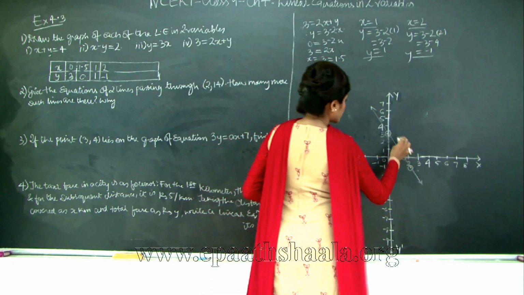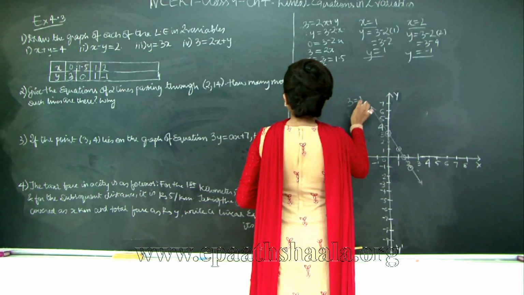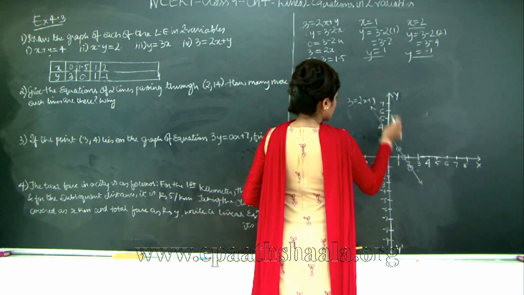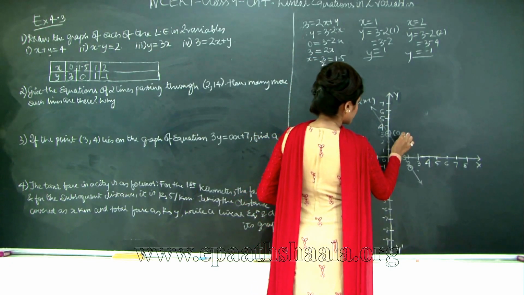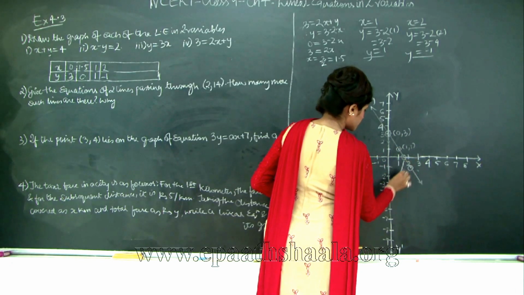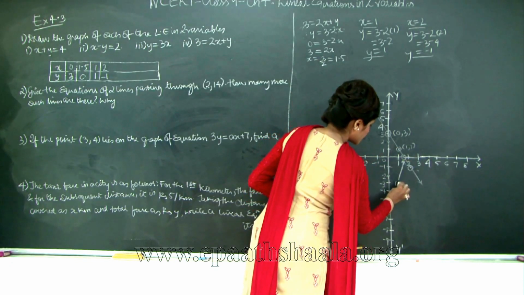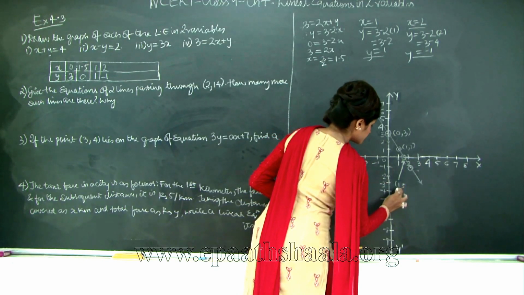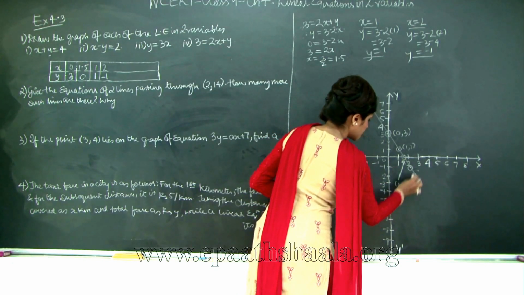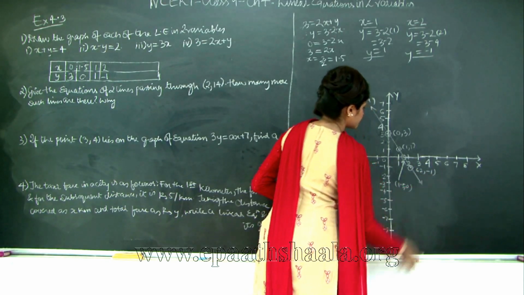So let us mark our coordinates. First of all, this is equation of line 3 is equal to 2x plus y. Then I have 0 and 3, 1 and 1. This point is 1.5 and 0, and this one is 2 comma minus 1.